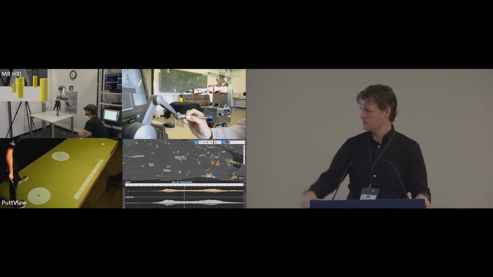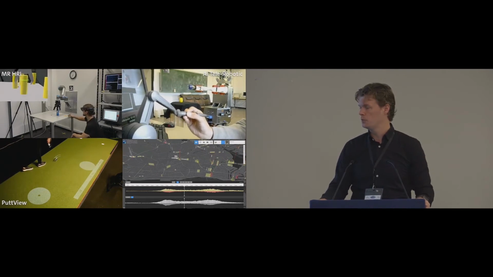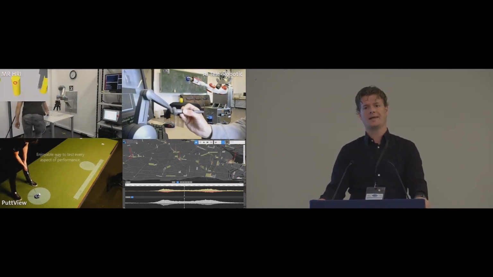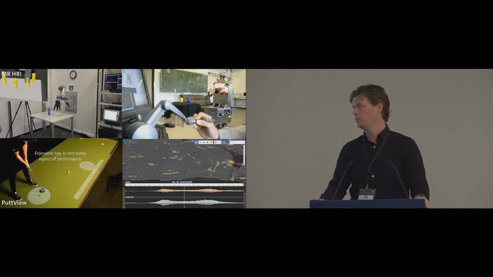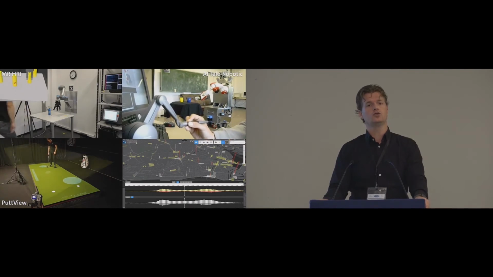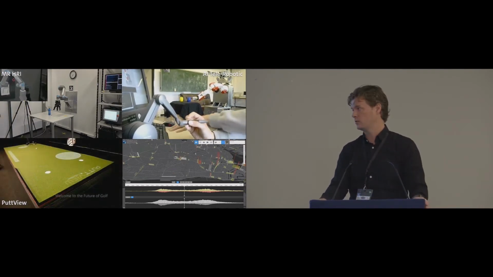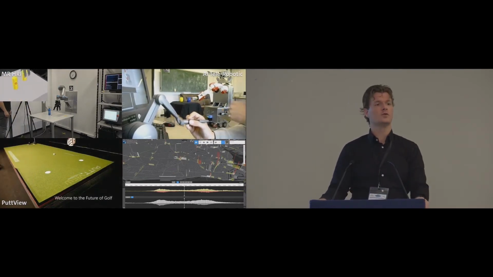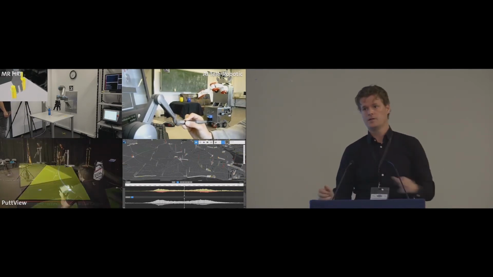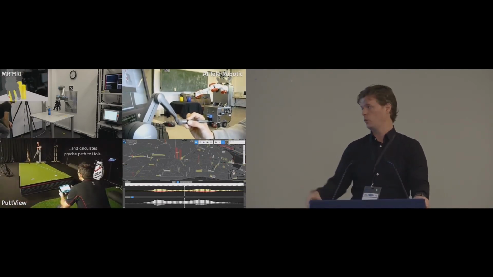Here on the bottom left, this is a startup which evolved from our group, which is about augmented reality golf training. The idea is that you get the ideal putting line in your golf play, and you can use it as a projection setup for indoor golf training, but you can also use it outside using the Microsoft HoloLens. Nowadays they also use a lot of machine learning to learn from the several thousand putts which people do with these devices.